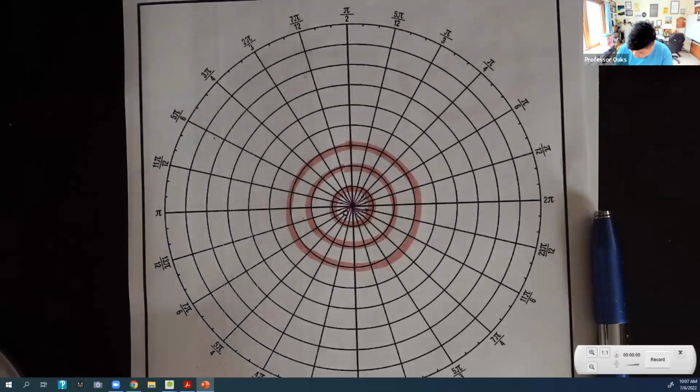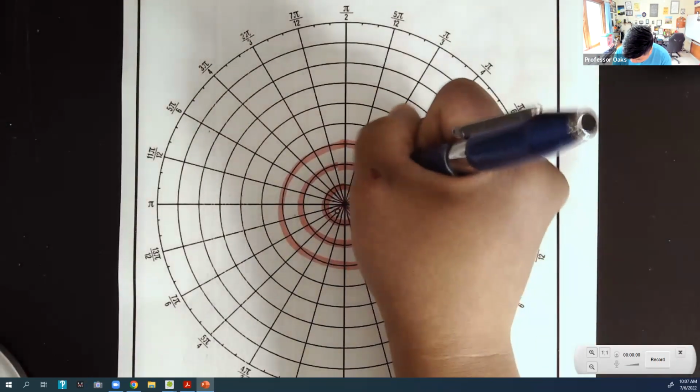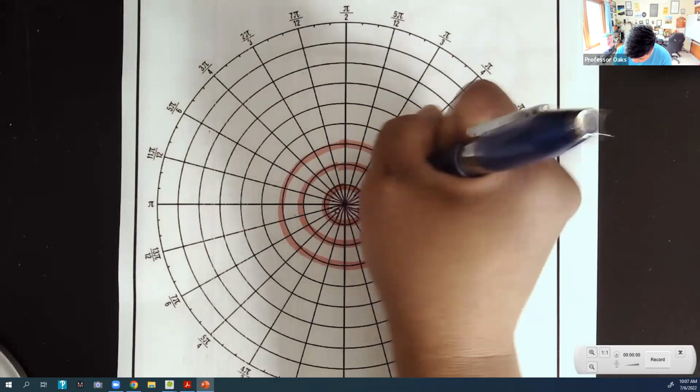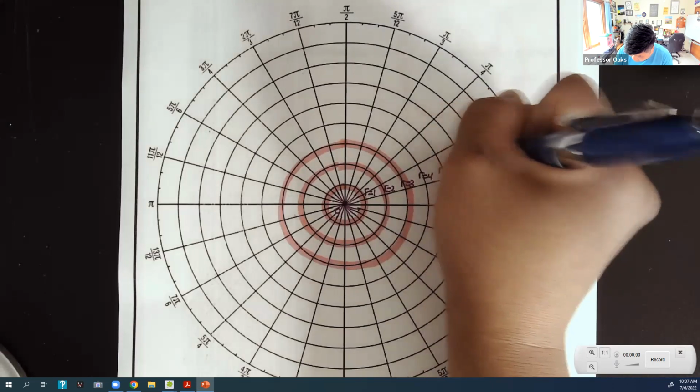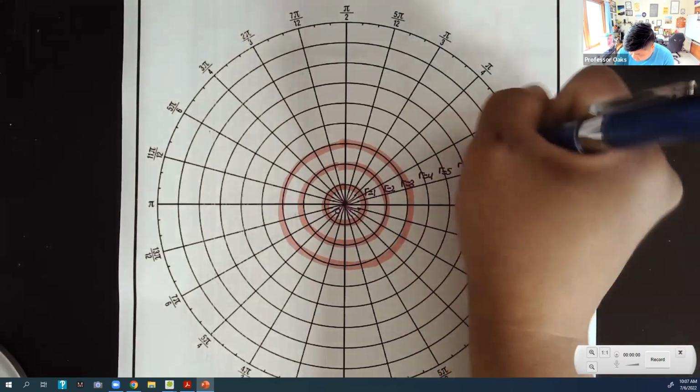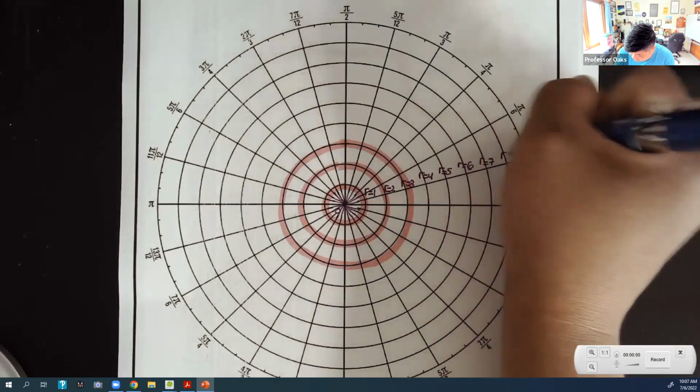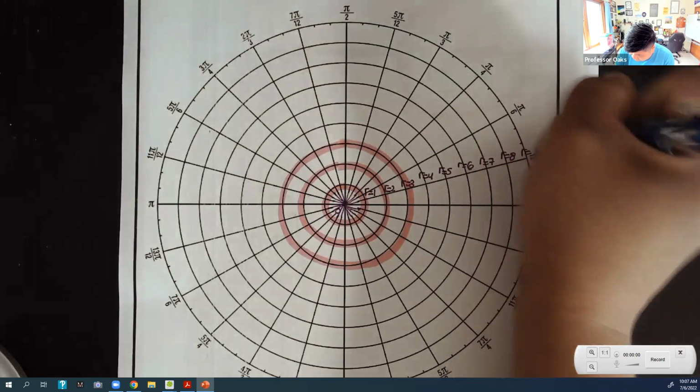So this is R is 1, R is 2, R is 3, R is 4, R is 5, R is 6, R is 7, R is 8, R is 9.